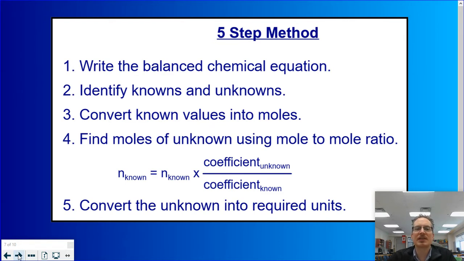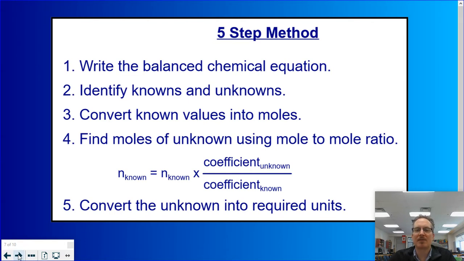What you're going to notice is, as we go through the steps, step 3 would say, convert known values into moles. Now, it doesn't tell you how you're going to do that. We have many formulas we've learned already that include the mole variable. So in step 3, it's not about use this formula. It's about, given the information we provide with you, calculate the number of moles.